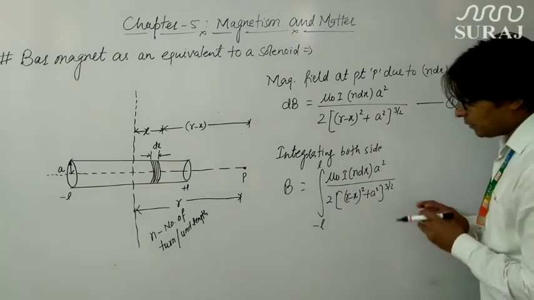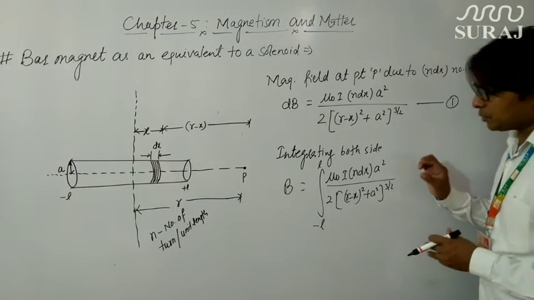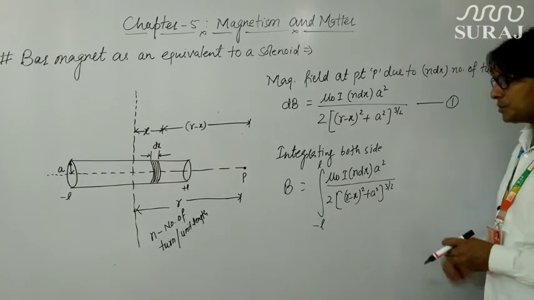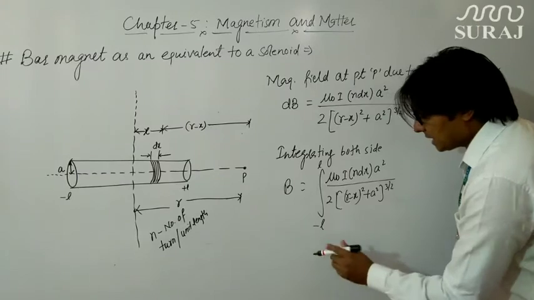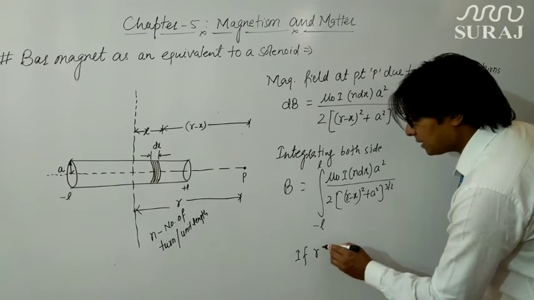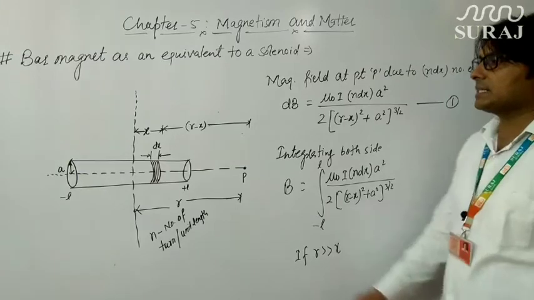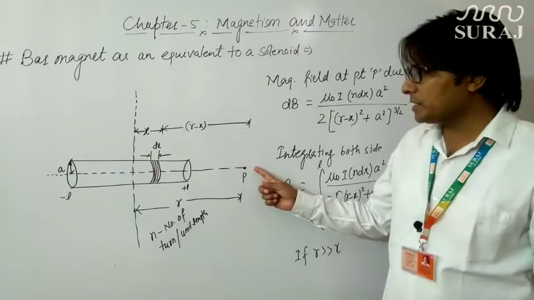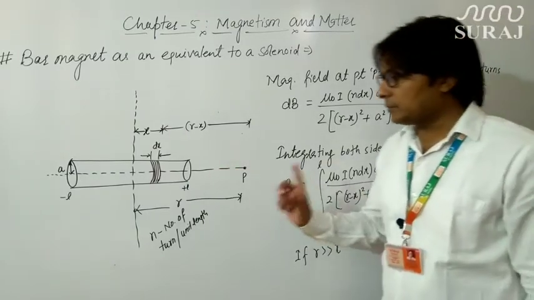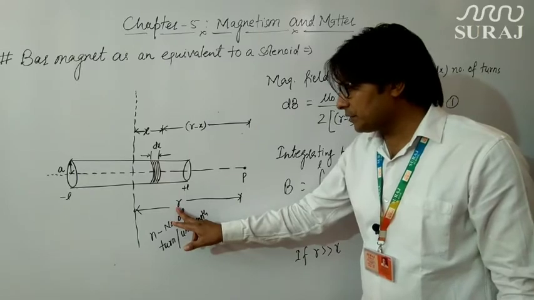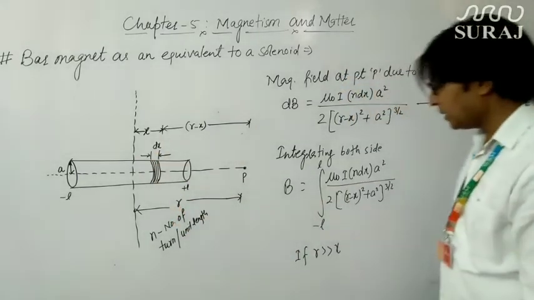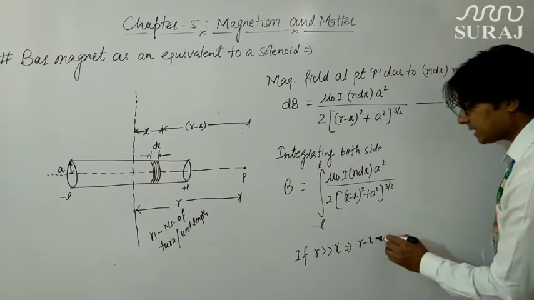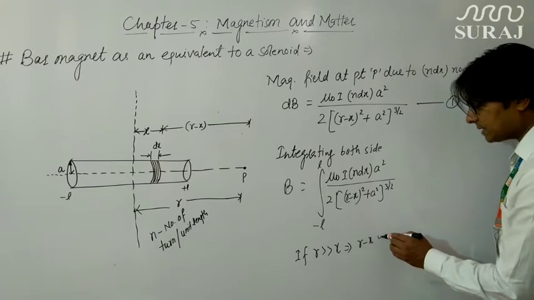Okay, now we will take all the terms except x outside this integration, but before that we will take a simple assumption: r is very much greater than x. Since the maximum value of x may be L, but point P may be anywhere on the axis, we can assume r is far greater than x. So r minus x can be considered as r.